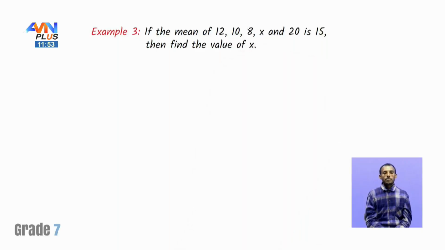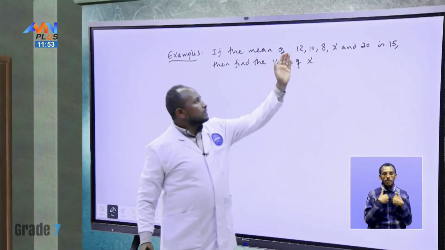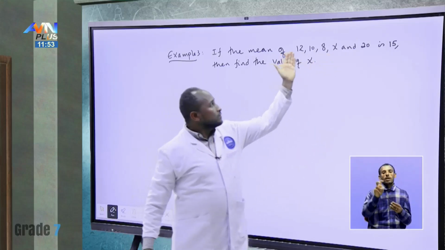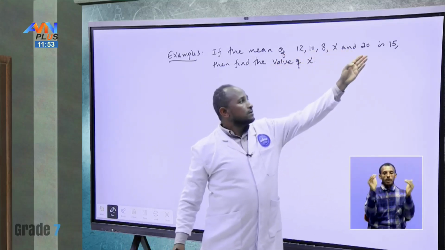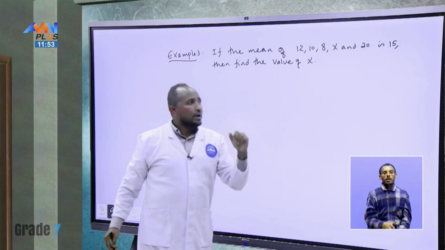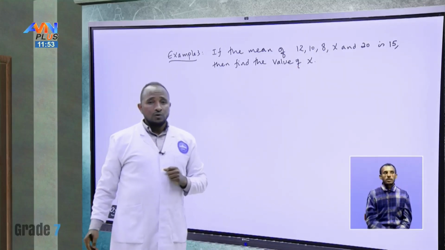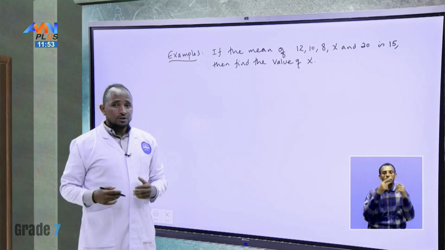Here you have 12, 10, 8, x and 20. The mean of this data set is 15. And we are asked to find the value of x. So let's try this question together.